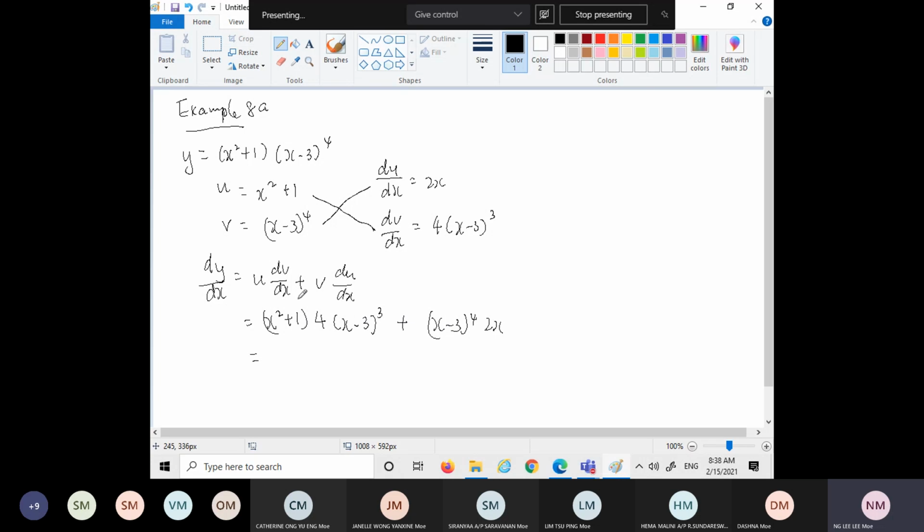No, so forget about it. Do you have x minus 3? Yes. Here you have power 3, meaning you have 3 of it. Here you have power 4, meaning you have 4 of it. So the highest common factor that you can factor out from both will be power 3.